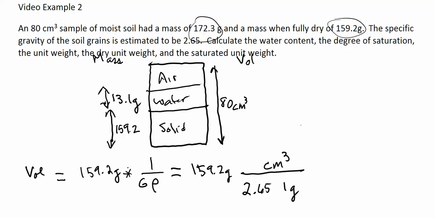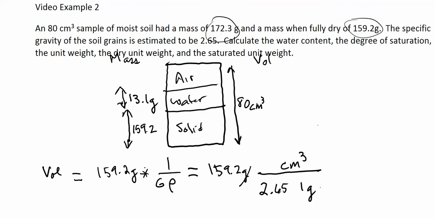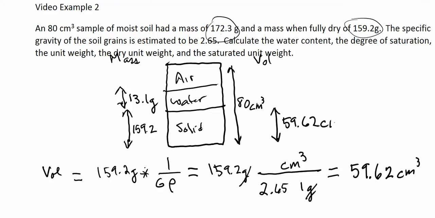The grams cancel out, so we get our answer in cubic centimeters, and I got an answer of 59.62 cubic centimeters. So we add that to our diagram: the volume of the solid phase is equal to 59.62 cubic centimeters.